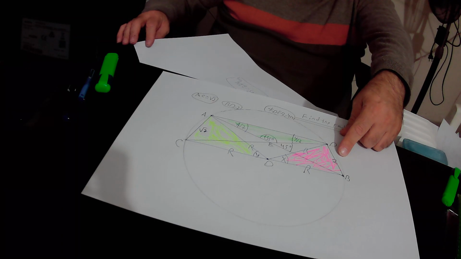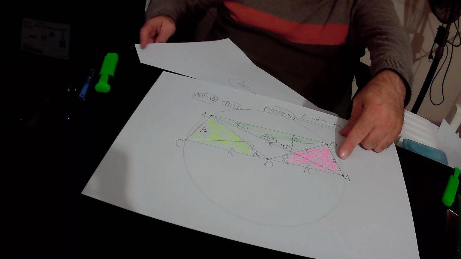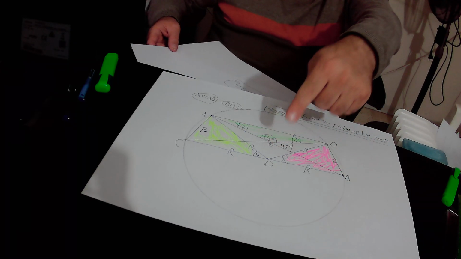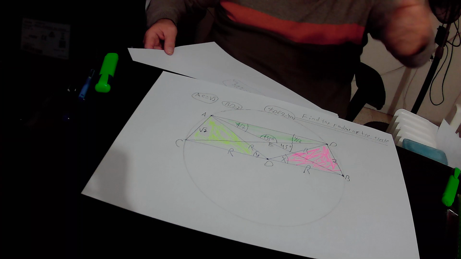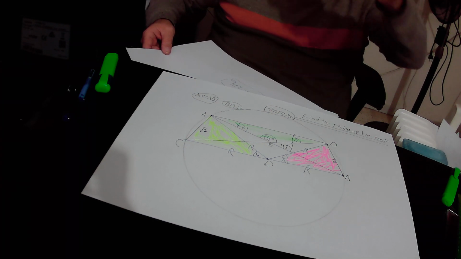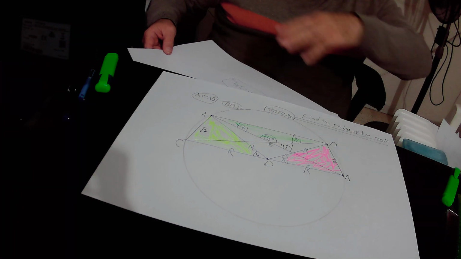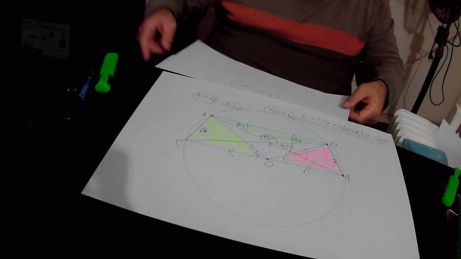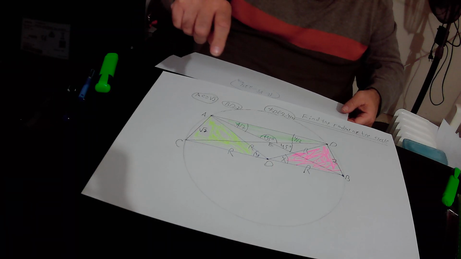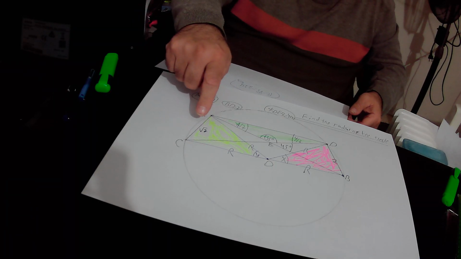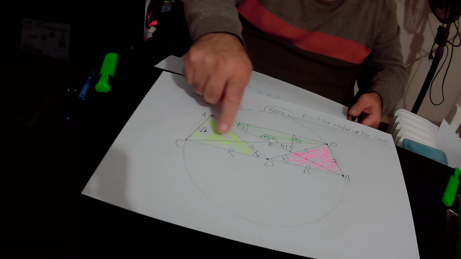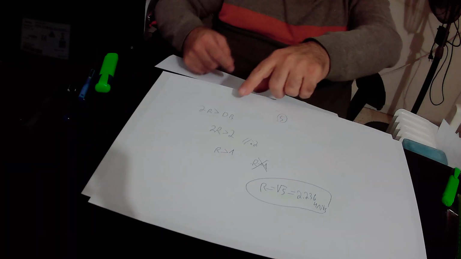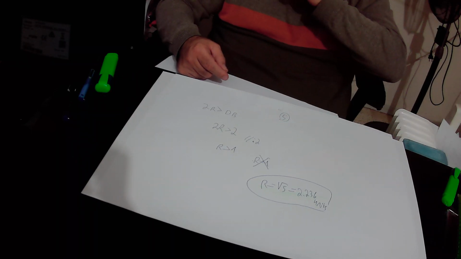The same explanation is true about chord DB. DB doesn't pass through the center of the circle, that is to say point O, so it cannot be a diameter. Because the diameter of any circle is the longest chord, the diameter 2R must be greater than DB. Repeat again, the diameter 2R must be greater than DB.